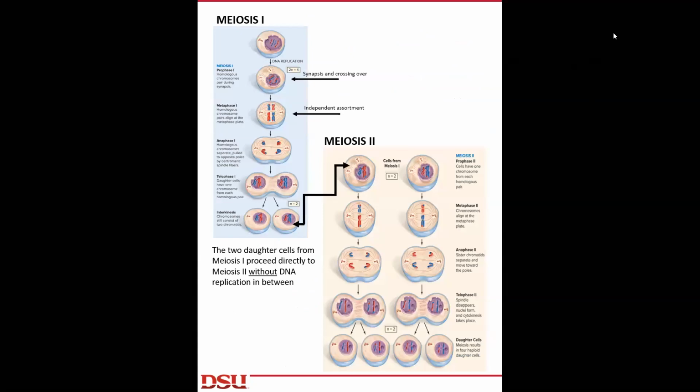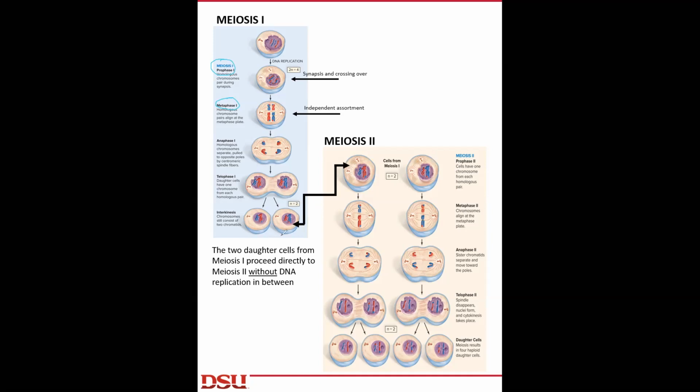So this page here is just going to go over a little bit more of these images of what's happening. I'll just point out again that during this prophase 1 of meiosis 1 right here, we've got our synapsis and crossing over. Metaphase 1, independent assortment. Okay. Then we have our 2 diploid daughter cells.